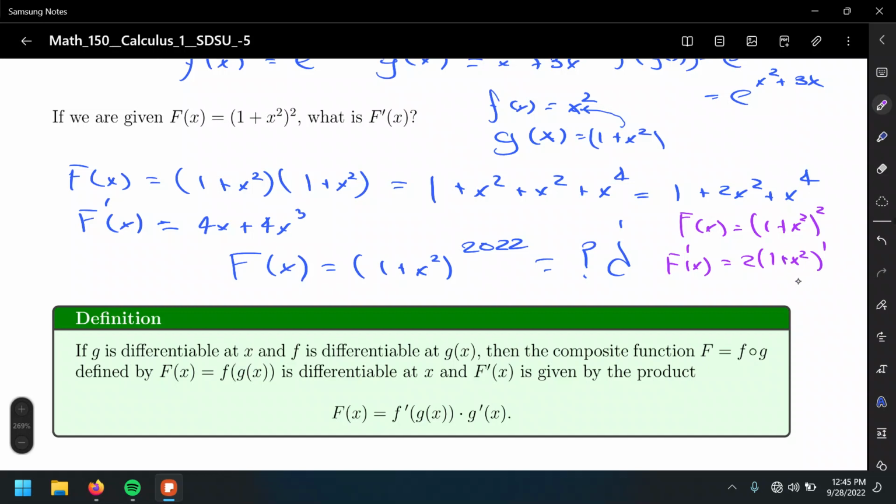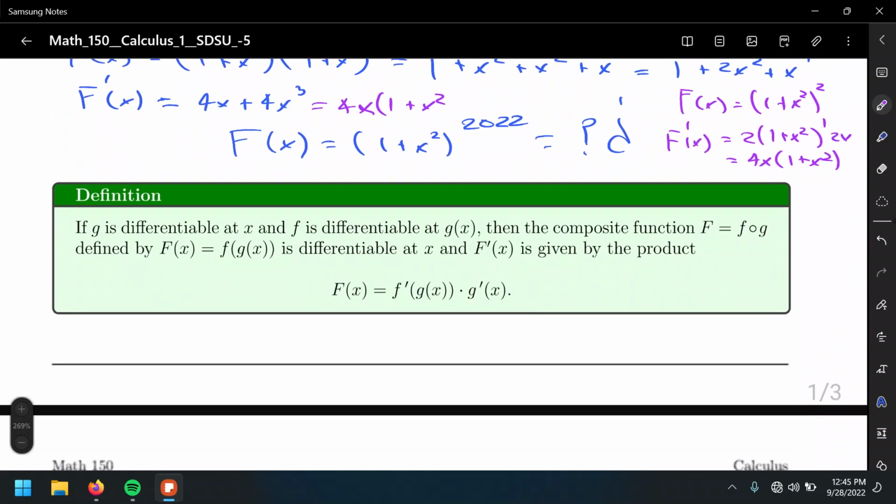What's the derivative of 1 plus x squared? Just 2x. Okay, so that's 2 times 2x, that's 4x times (1 plus x squared). Isn't it the same result? Factor 4x, that's 4x times (1 plus x squared). But which one is quicker, the chain rule or foiling? Chain rule. The chain rule.